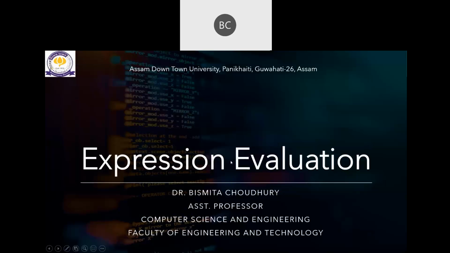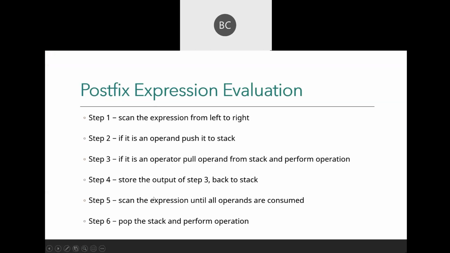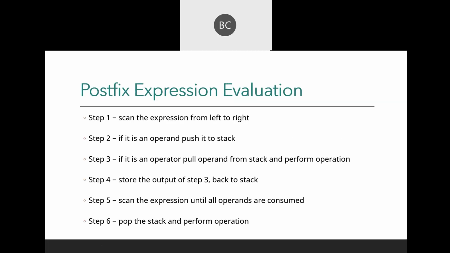Now we will mostly see the expression evaluation part. I already mentioned that for expression evaluation we have three notations. Then there are certain steps to do this evaluation. First, for the postfix evaluation, we scan the expression from left to right.